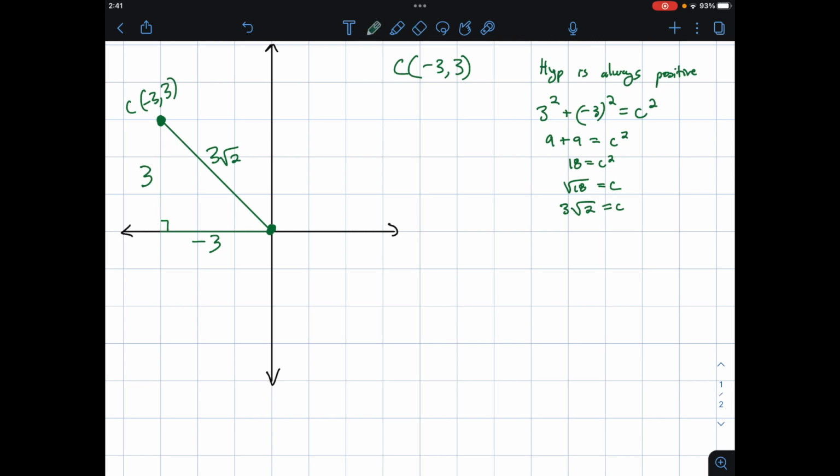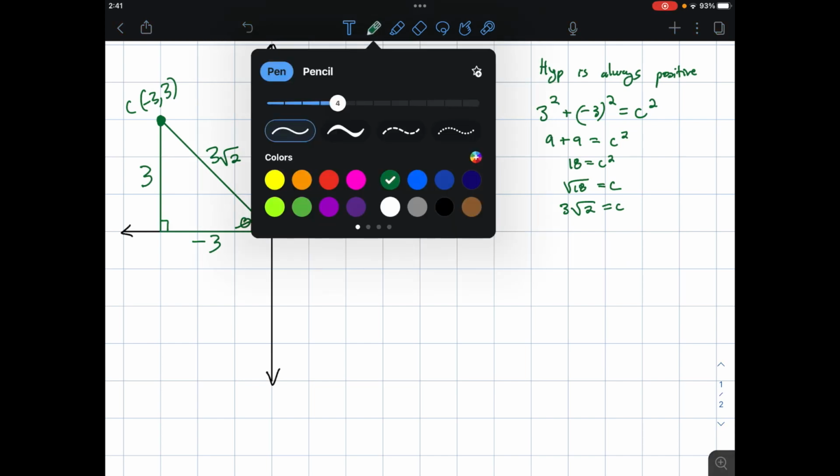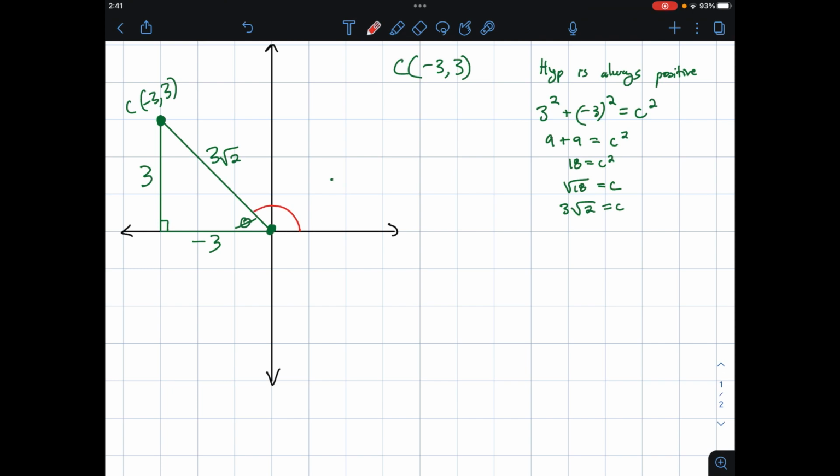Okay, so here's where this other asterisk I just talked about before came into play. We kind of think of this as theta, but technically theta is actually this angle, okay?